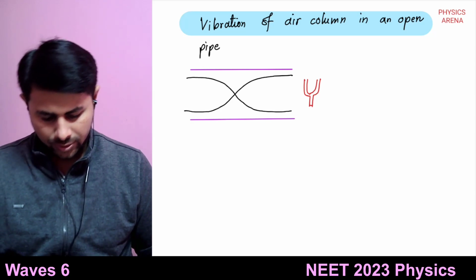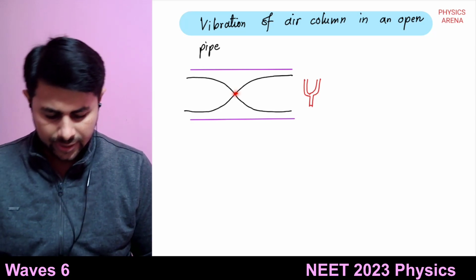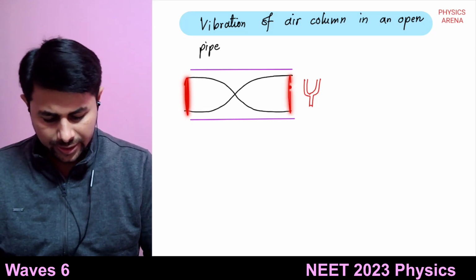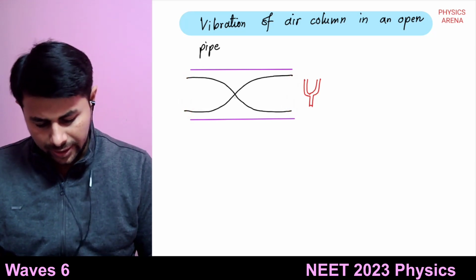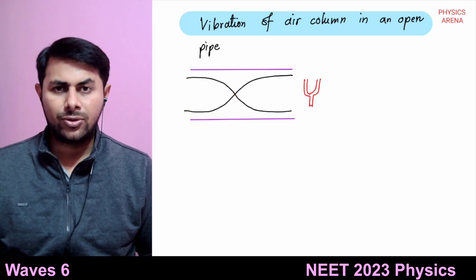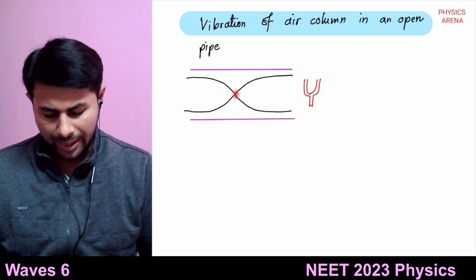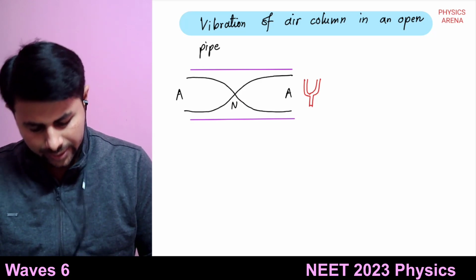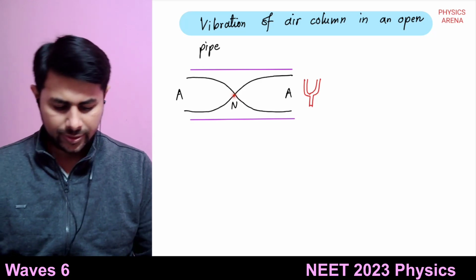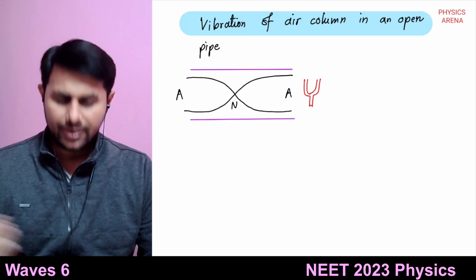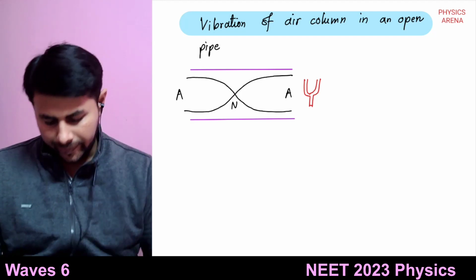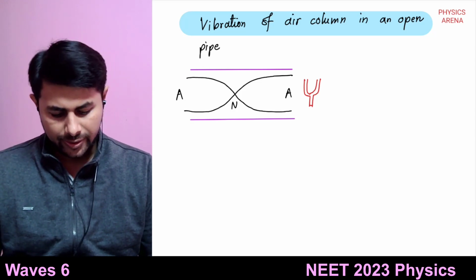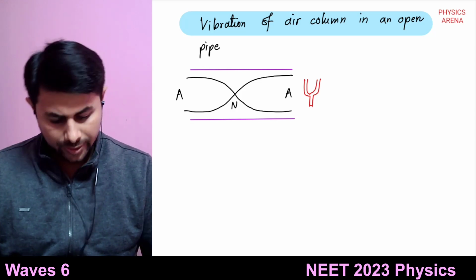Okay, so this is the fundamental mode of vibration. An antinode will get produced here, an antinode will get produced here, and in between those two antinodes, a node will get produced in the middle of the pipe, right? This is an antinode, and a node. Okay, so the pipe will vibrate like this. So then, how much would be the frequency of this fundamental mode?